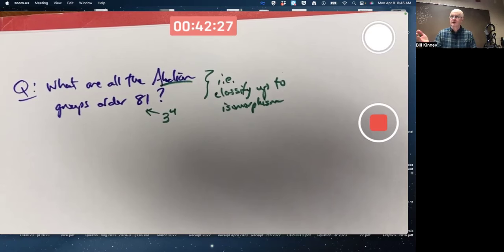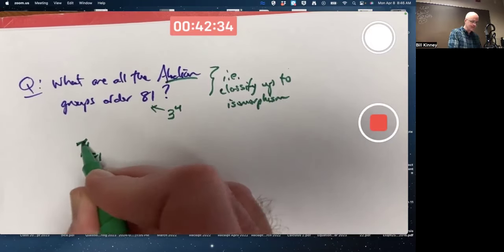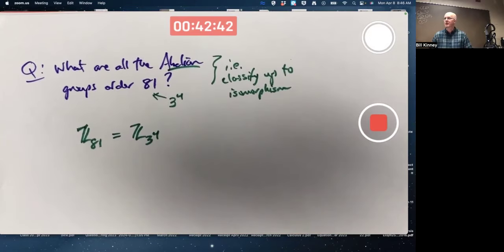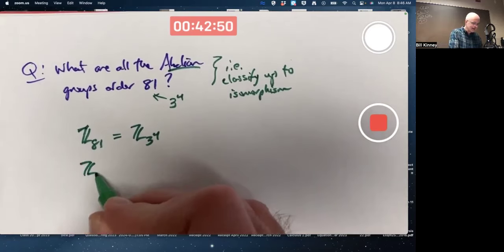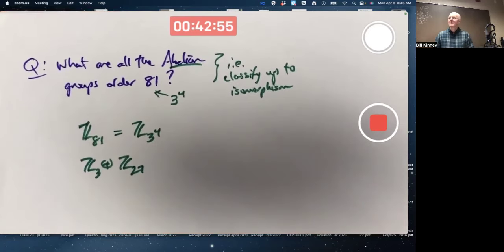For example, cyclic groups. Certainly Z81 is one example. But can I come up with other examples of groups of order 81 that are not isomorphic to Z81? Yes, you already know how. For example, the external direct product of Z3 with Z27 would be another example.